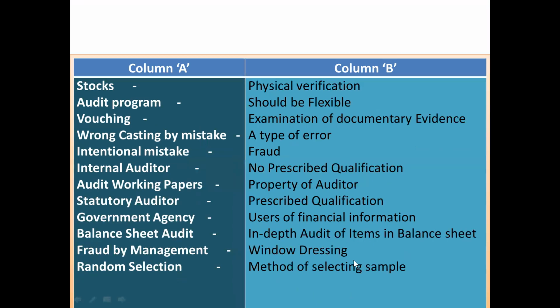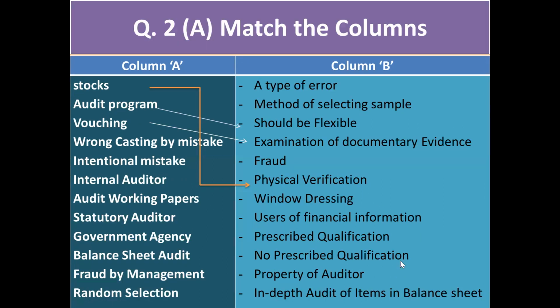So all these are options, property of auditor, and in-depth audit of items in balance sheet. All these are options. So the most appropriate answer is physical verification for stock. So stock, the answer is physical verification. Second, we have audit program that we have to match with the B. So audit program has the right option: should be flexible.